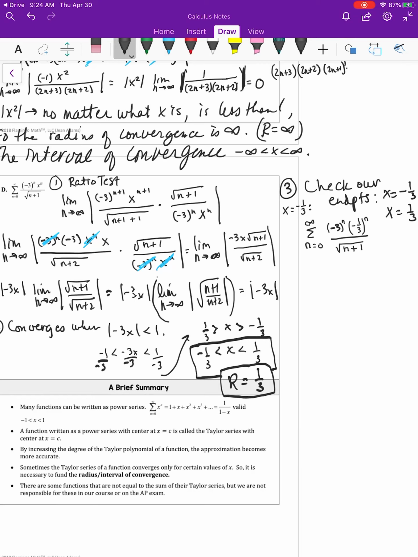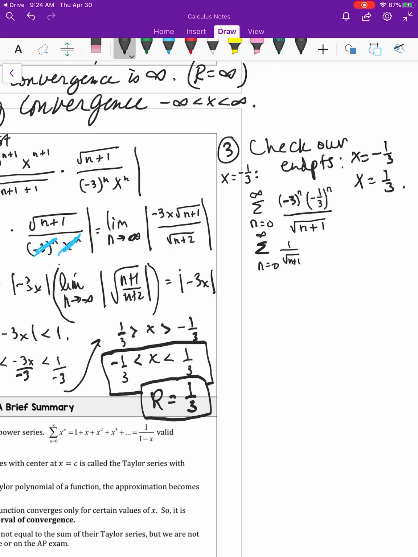Okay. So do you see what's going to happen here? If you put both of these powers to the n together, you'd get 1 to the n. So that's just 1. So this simplifies to summation n equals 0 to infinity of 1 over the square root of n plus 1.